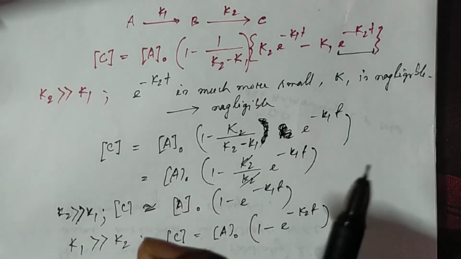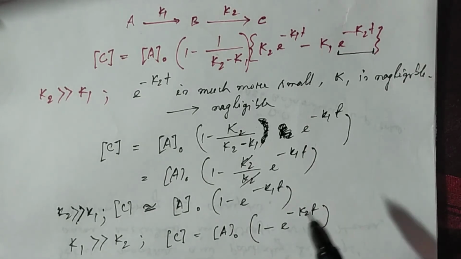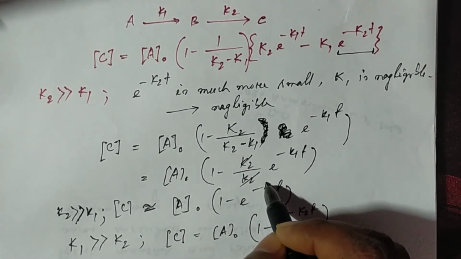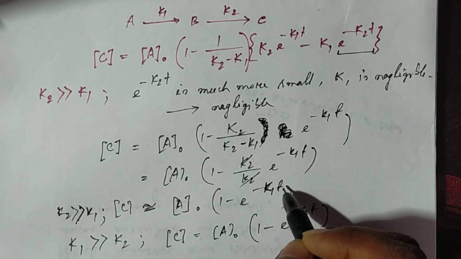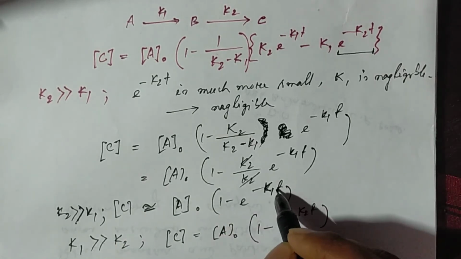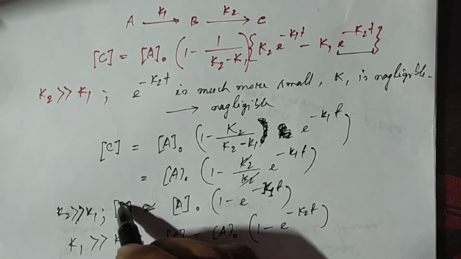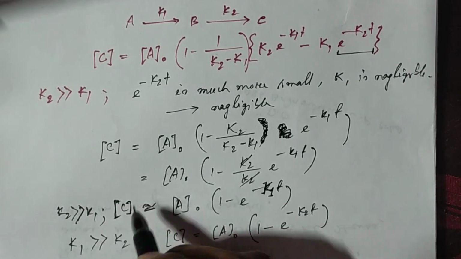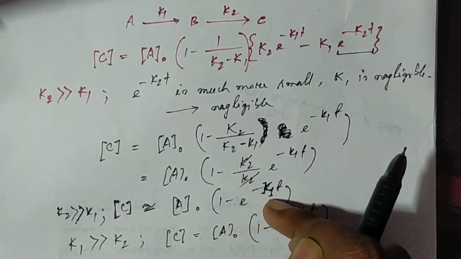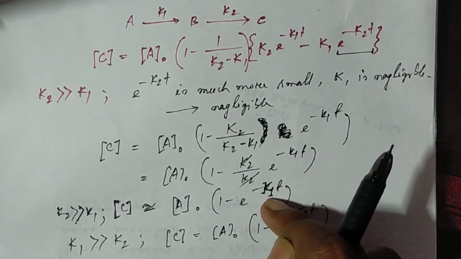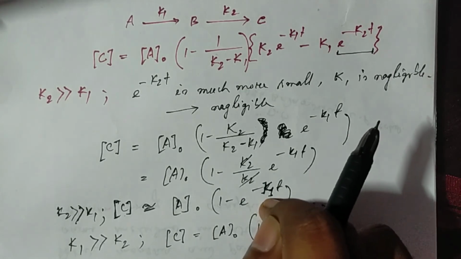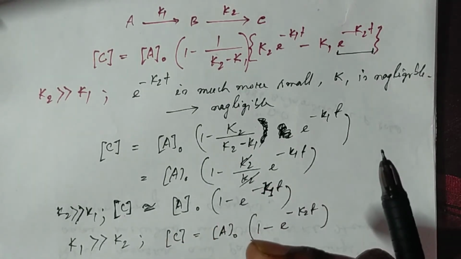So as A to B is the rate determining step, only the rate constant of the first step is considered here. That means the concentration of C depends only upon the rate constant of the first step.